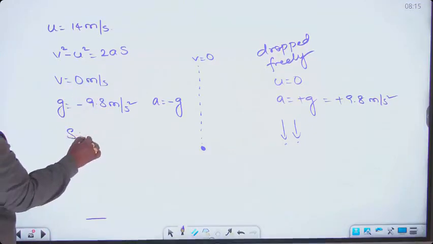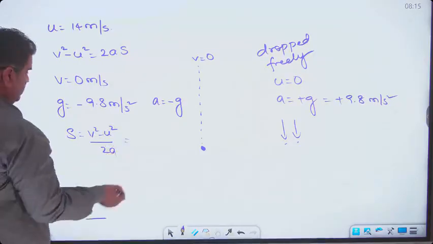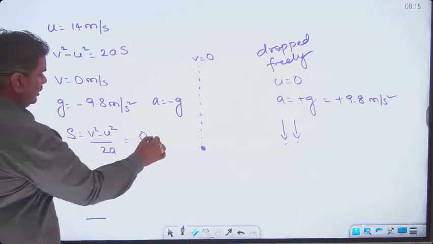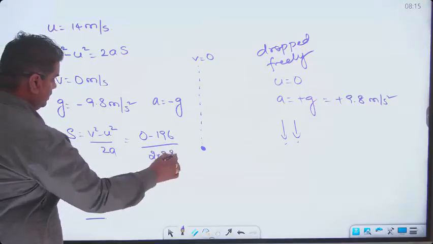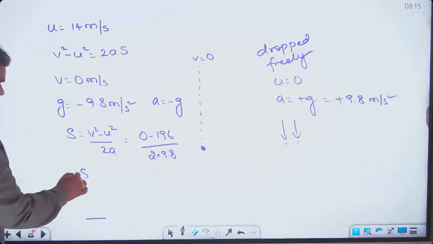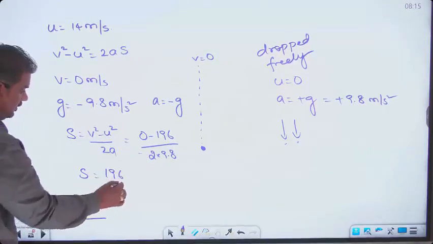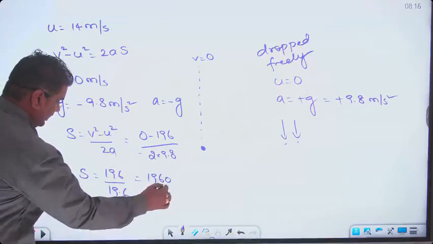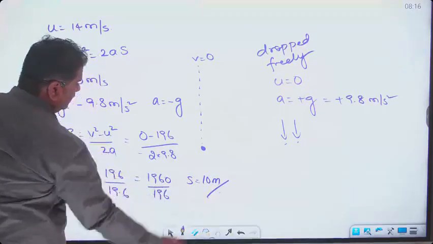S equal to V square minus U square by 2A, that is equal to 0 minus 14 square, 196, divided by 2 into -9.8. Minus will get cancelled. That will be 196 by 19.6, or else you can write this as 1960 by 196, which is equal to 10 meters.